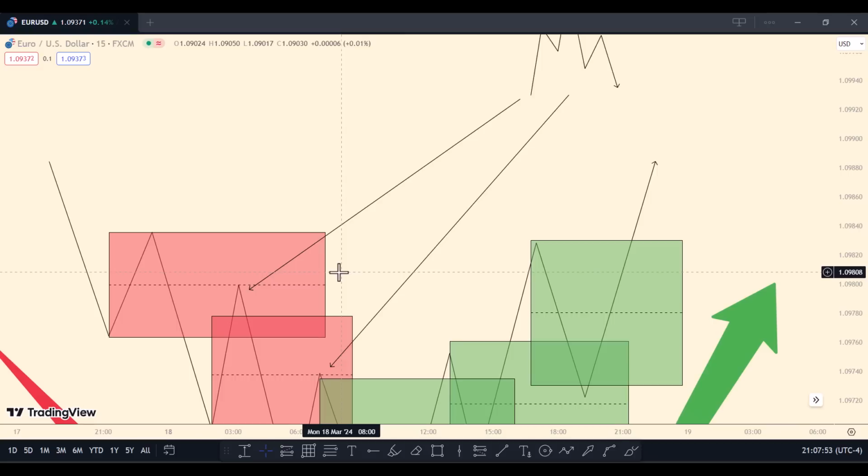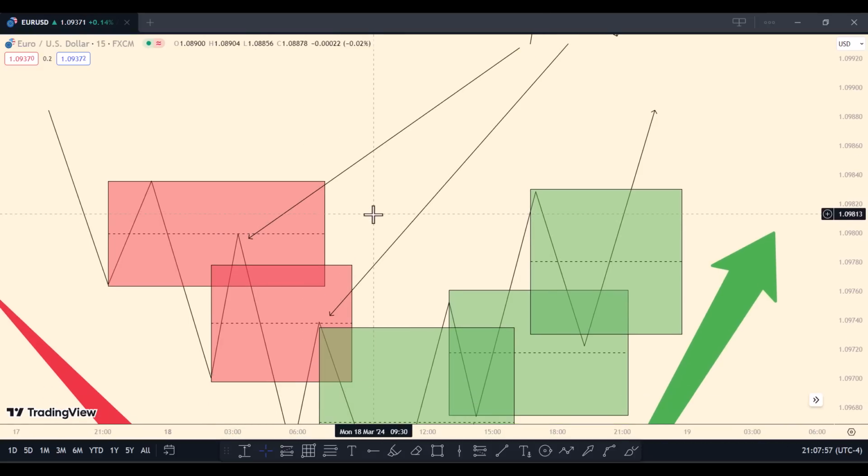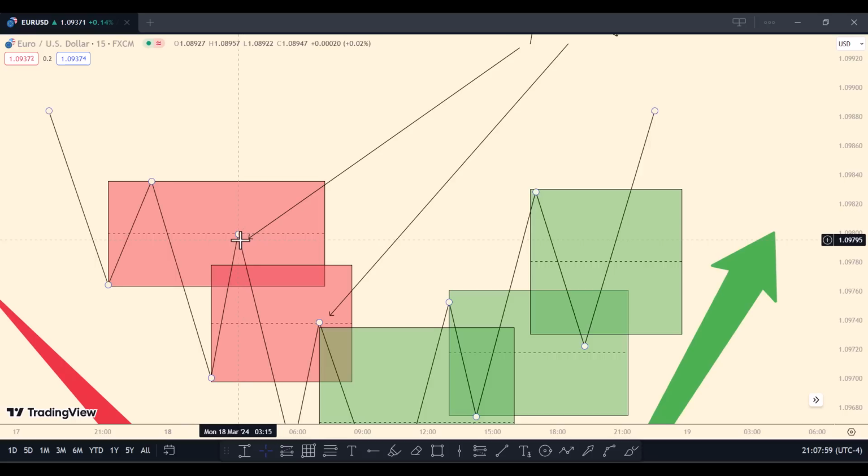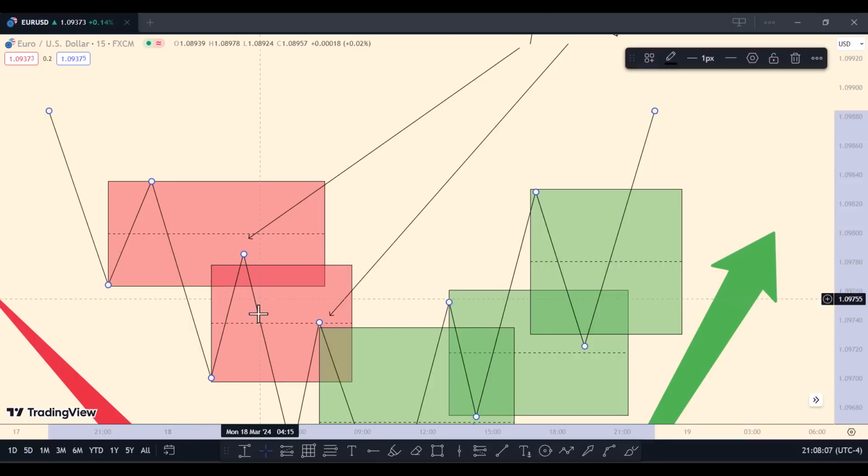Now that's fine. You can wait for the 50% to get hit, but you need to understand that price doesn't always hit the 50% and then trade lower. Sometimes it will just trade to here and then continue lower. So you can stick with the 50% and you will get a decent number of setups per day.